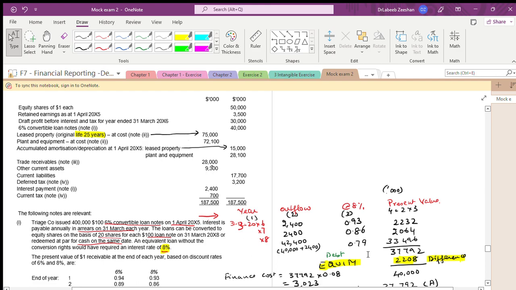How many years are left? Any idea? You can get it. I am giving you a hint. You can get it from these values: 75,000, 15,000, 25 years.